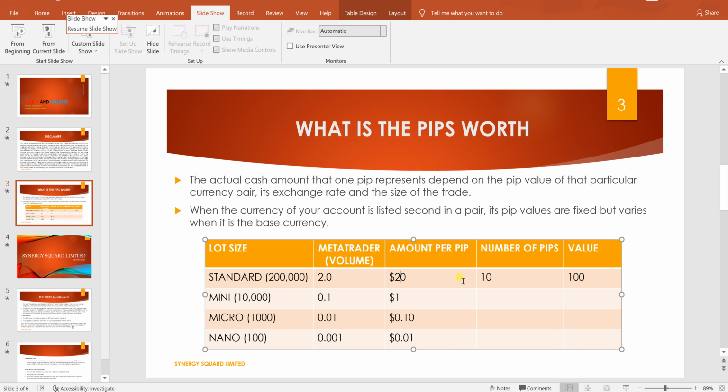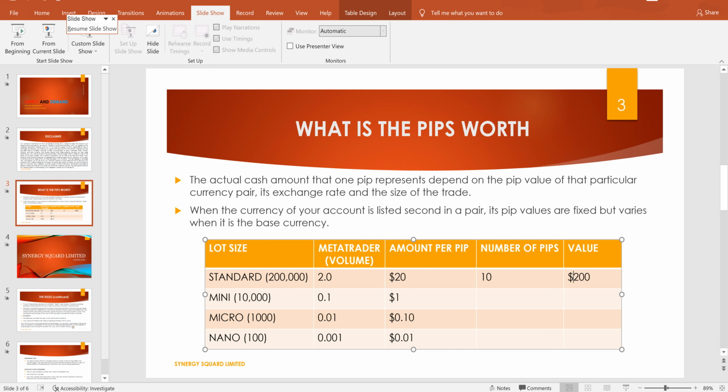So if we made $10 using this very 2 standard lots, then the value would then be $200. That is what it will be, $200. You're following? All right.